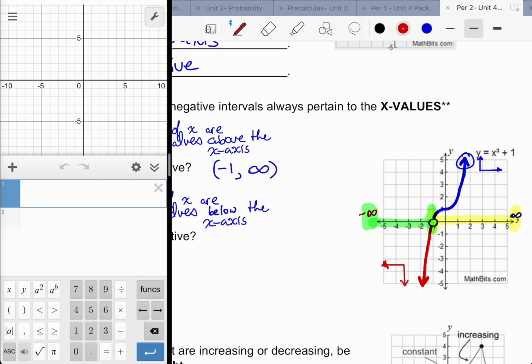Negative infinity to -1 would cover the domain of the part of the graph that's negative. The only number from negative infinity to infinity that's not going to be included here is -1, because that's the only number that's neither positive nor negative. That has a value of 0.